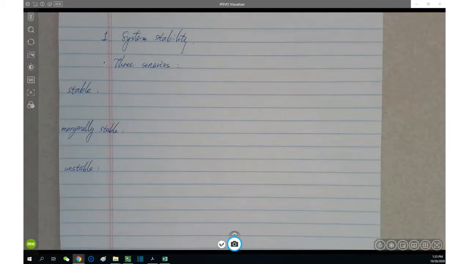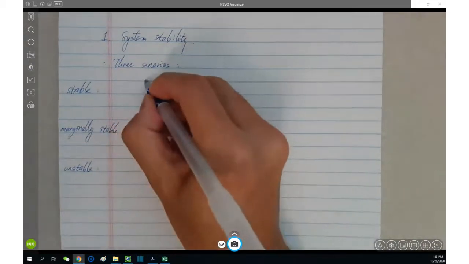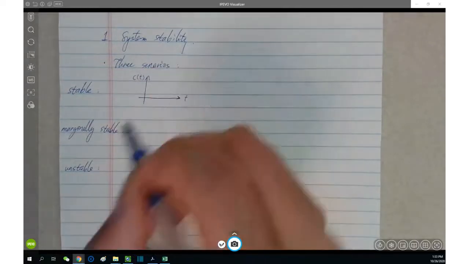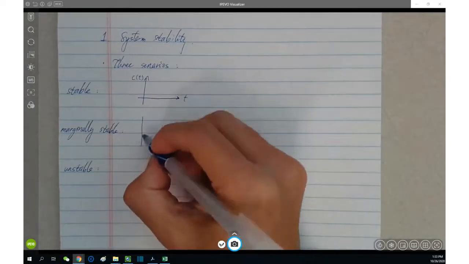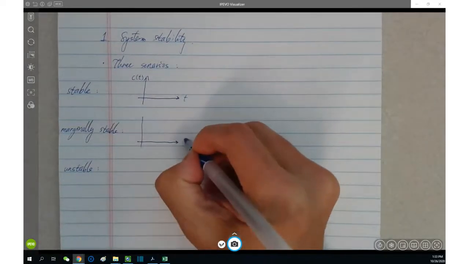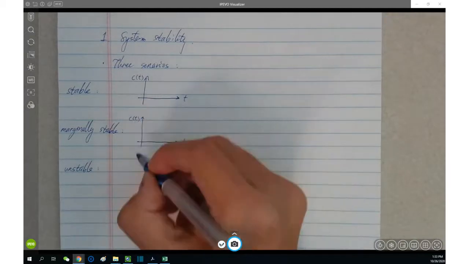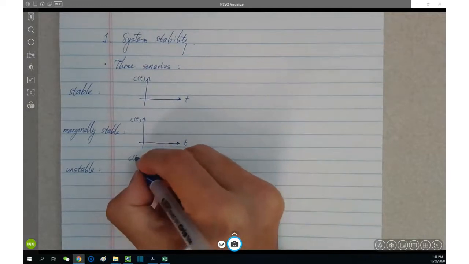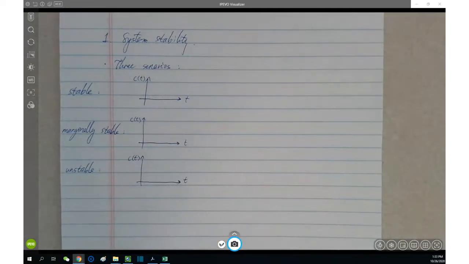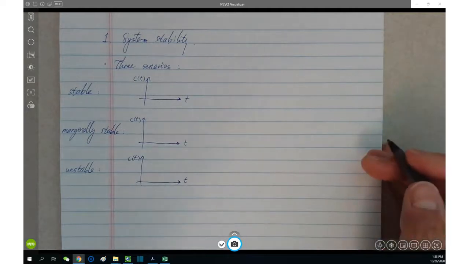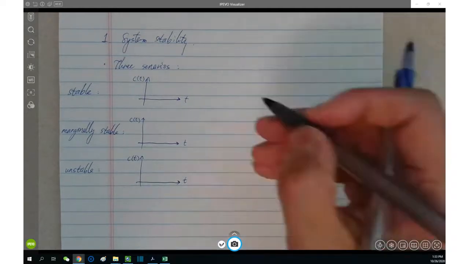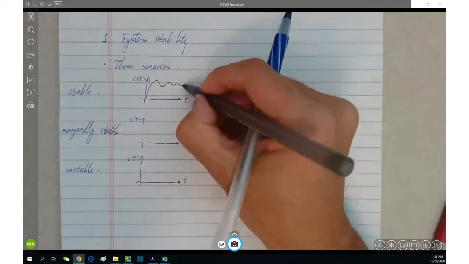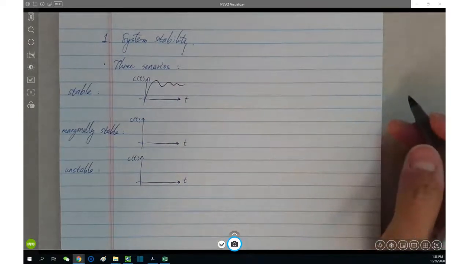So let's visualize an output to see what the output looks like if it is stable, marginally stable or unstable. First of all, let's have a look. Stable is very obvious: you might have a transient which might be long or short, depending on the system.